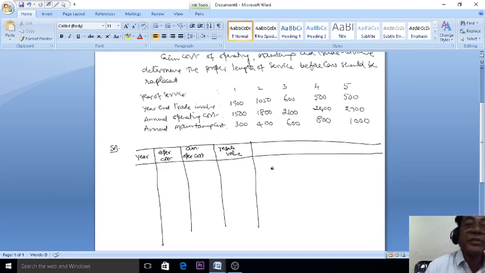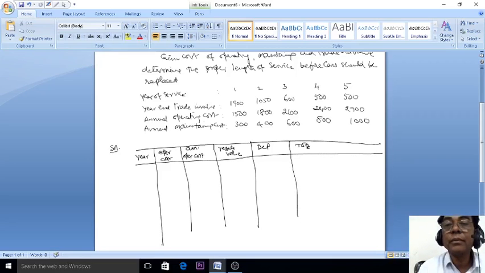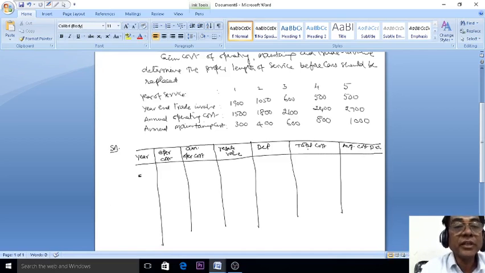And next depreciation. And the next one total cost. And the next one is average cost per annum. Year is given up to 5 years only: 1, 2, 3, 4, 5.